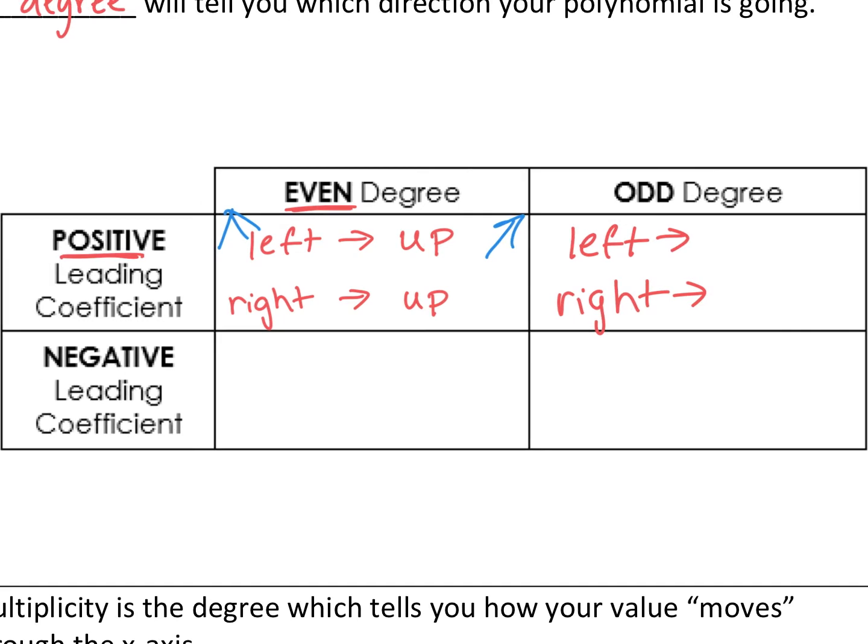If the leading coefficient is positive, that means it's going down on the left, and the right's going up. Just like a positive sloped line, that would have an exponent that was odd, it'd just be x to the first. Starts down, ends up. So if we want to draw in these arrows to our boxes, we can.